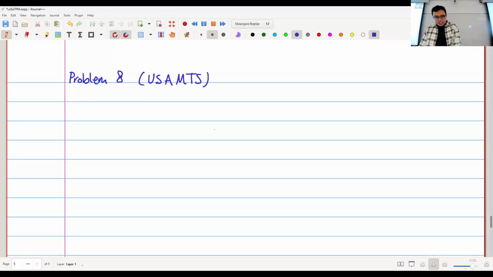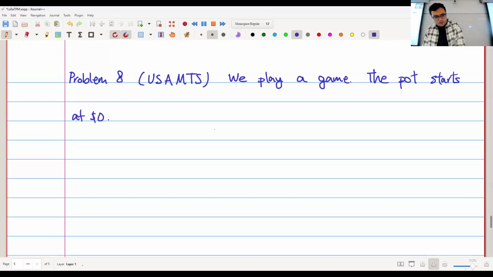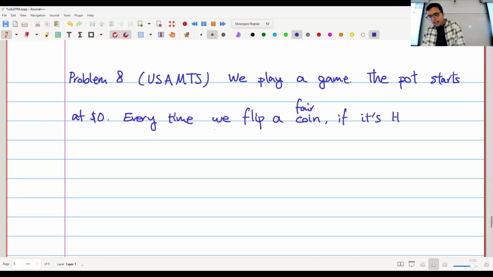This is the problem. It says we play a game and the pot starts at $0. So we have a pot, it starts at 0. Every time we flip a coin, and this is, again, a fair coin, if it is heads, I'll add $100 to the pot.